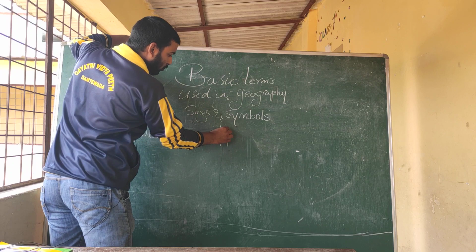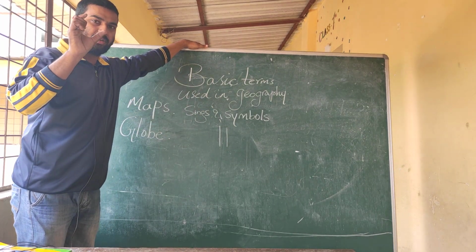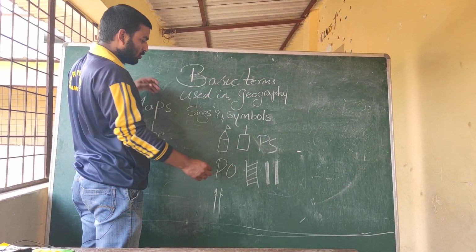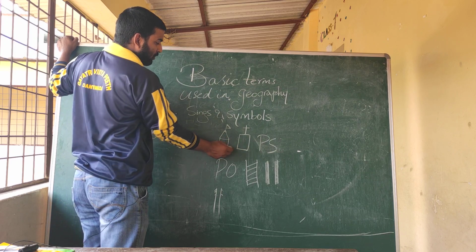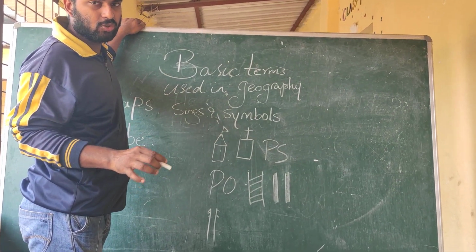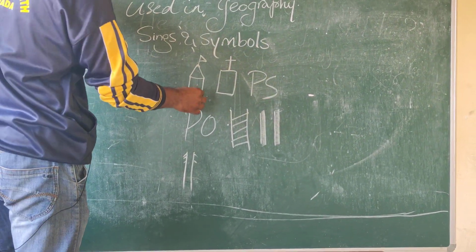So here we are going to see the symbols. What we will do, we will make a different PDF for that. So children, here you can see some signs and symbols. It is just an example. We are going to prepare a separate PDF for that, and we are going to send it to you.